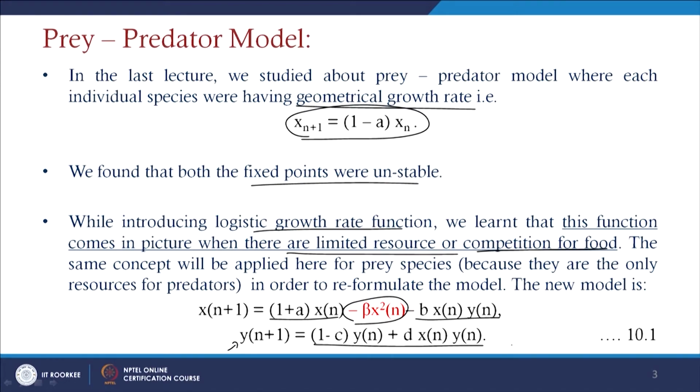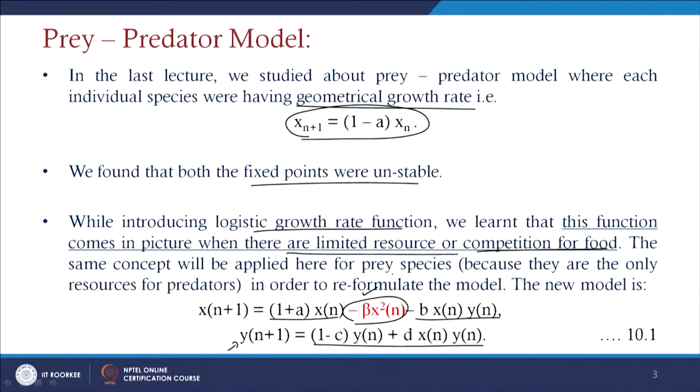If you see our earlier lecture, the only modification we have included here is minus beta xn squared. This means that if there are limited resources of prey available, then if the predator eats the prey, the prey population will decline at a rate of the total population present at that level.